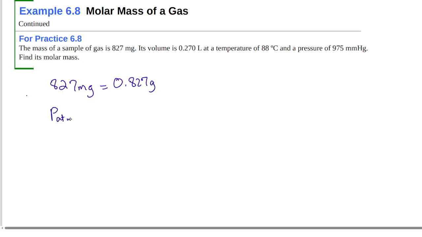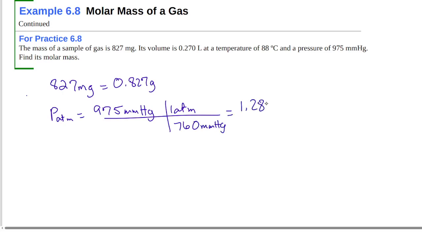The pressure in atmospheres is equal to 975 millimeters of mercury. Remember that 1 atmosphere is 760 millimeters of mercury, and that gives us 1.2829 atmospheres. The temperature in Kelvin is equal to 88 plus 273, which is equal to 361 Kelvin.